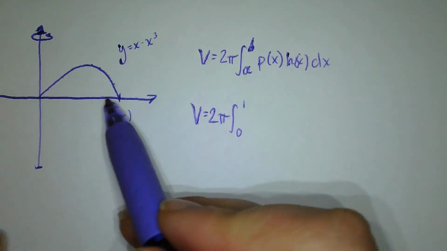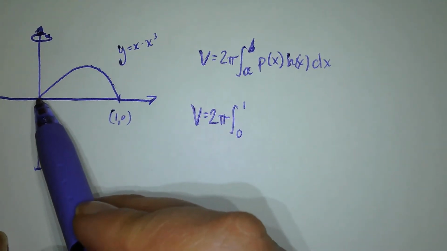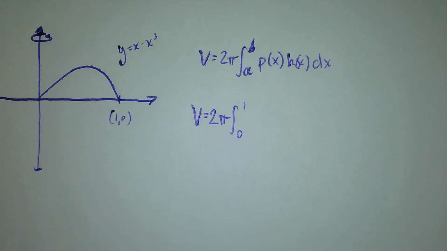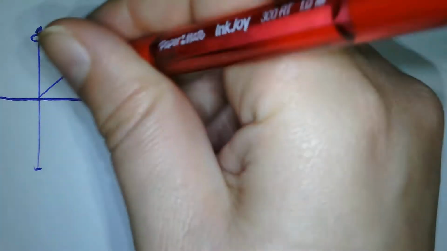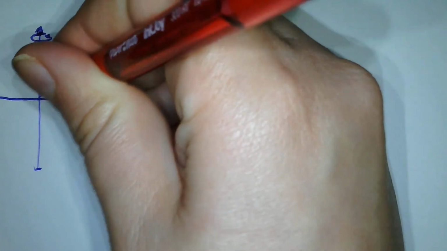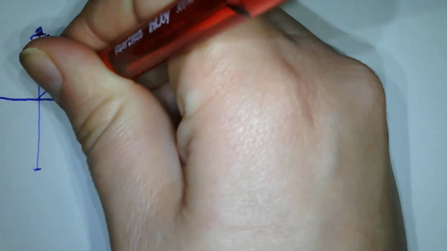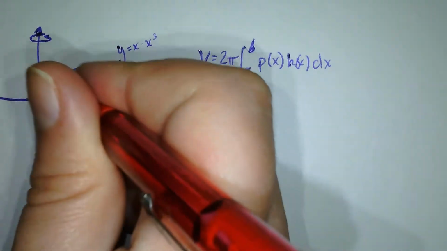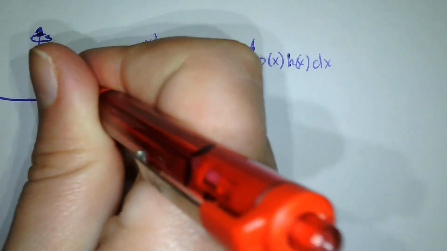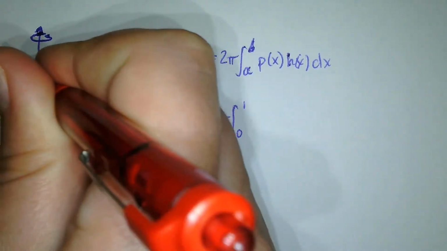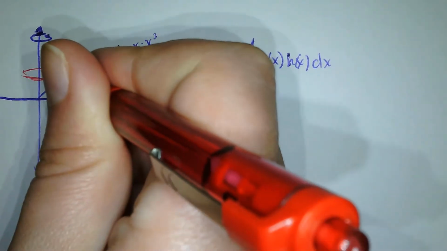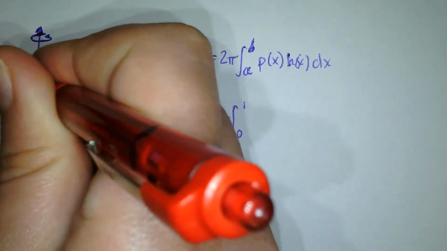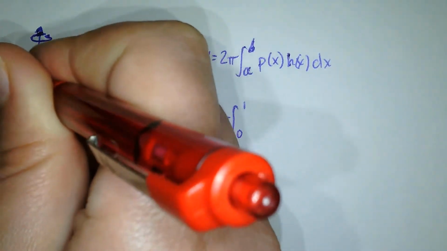We're going from here to here. And that means that's where the radius is. Your shells, if we pick right there, let's say, it's going to create a cylinder like this.